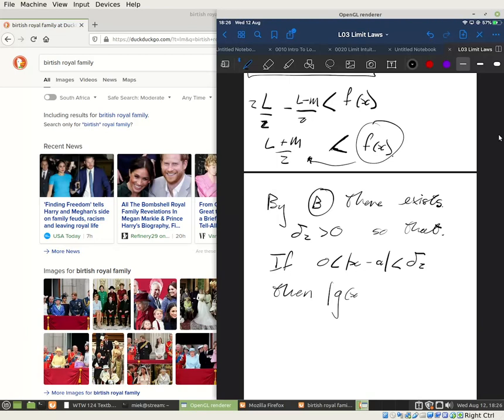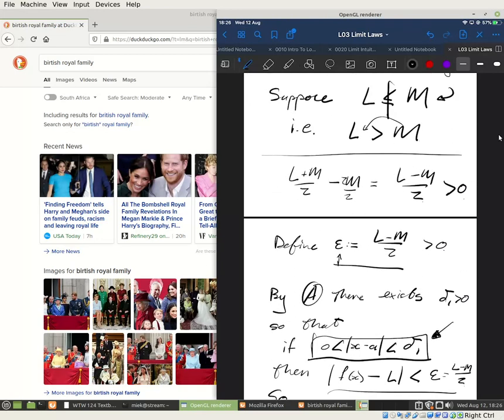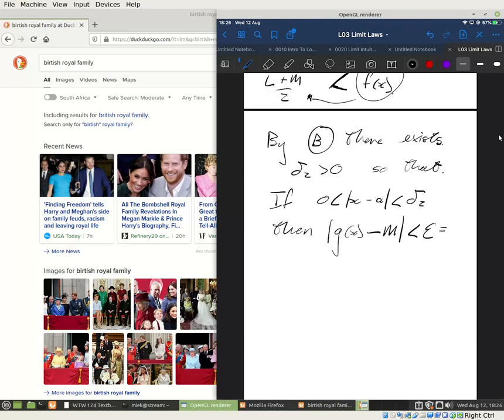The absolute value of g of x minus m is less than epsilon, but epsilon we defined to be L minus m over 2.